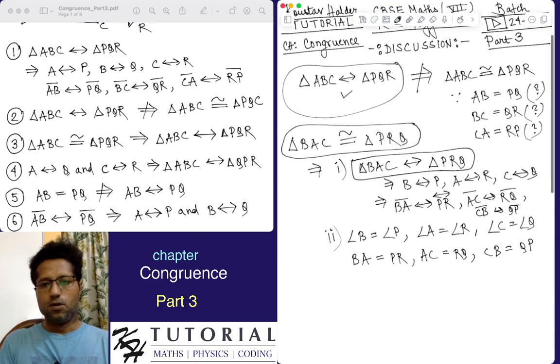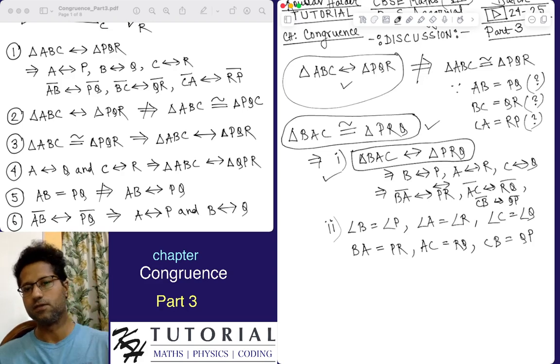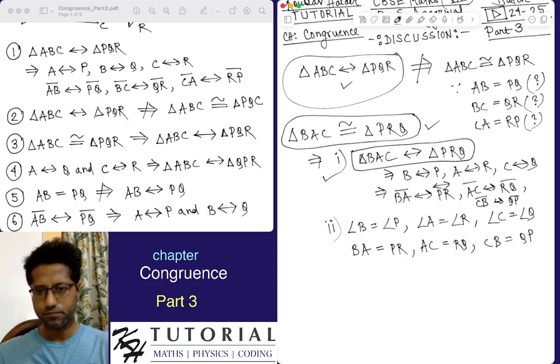Okay. So when we say the triangle BAC is congruent to triangle PRQ, what it automatically implies is, first, the correspondence. It gives the complete correspondence details between the two triangles, and also since they are congruent, the corresponding sides and the angles are also equal.